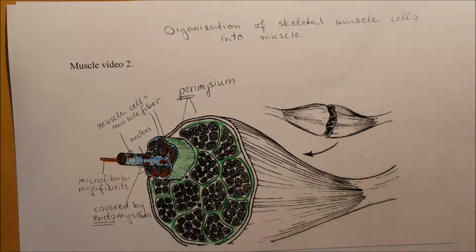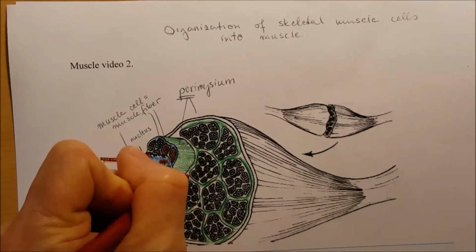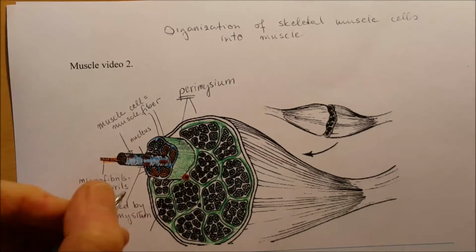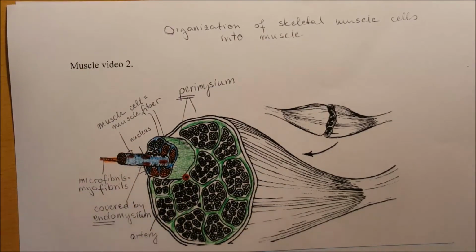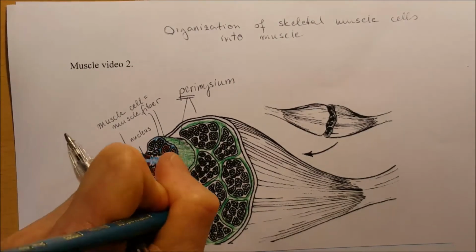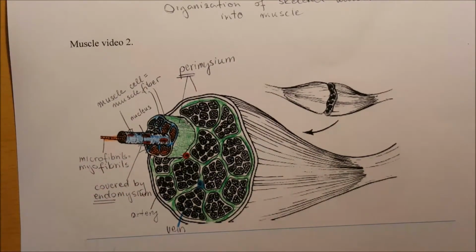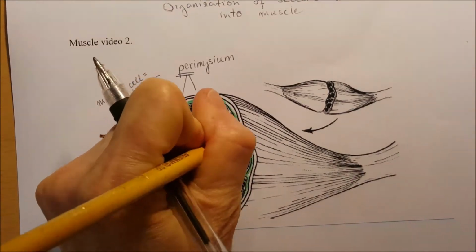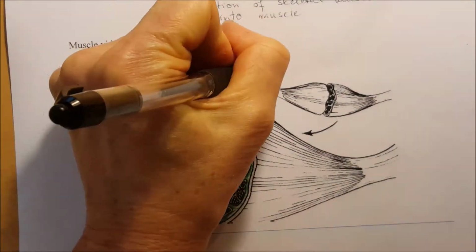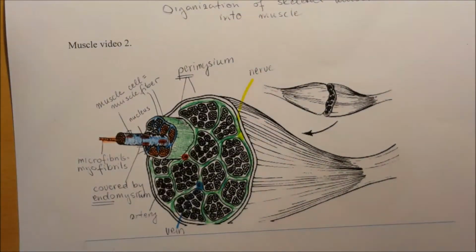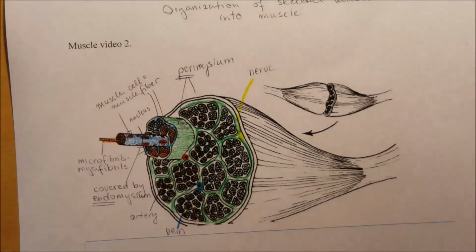The fascicles are pretty much bundles of cell fibers. The red one in here is an artery. The blue one is going to be a vein that you can find in the muscle organ. And the yellow, let's call it, because yellow is the universal color for nerves, so it contains nerves too.